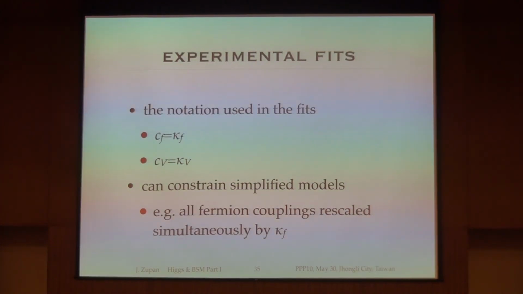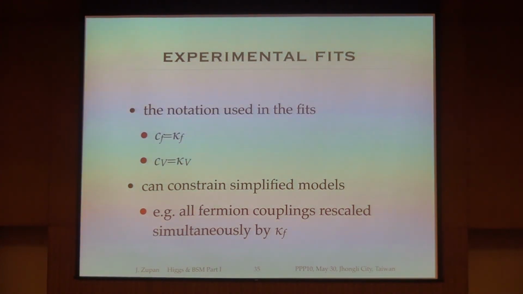Now, for the experimental fits, I should say that there's a big confusion about the notation. One notation I used, and there are other notations. What is used in the fits is these kappas. So kappa F is what I call CF, kappa V is what I call CV, and kappa G and kappa gamma are really what I call kappa G and kappa gamma.